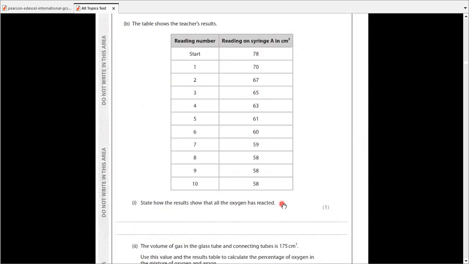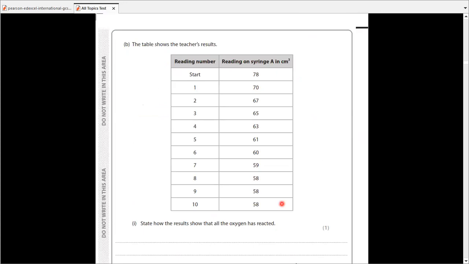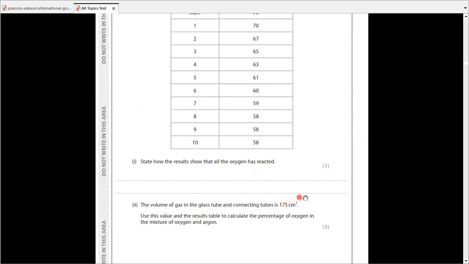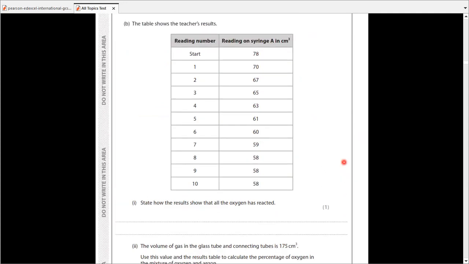Okay, let me try and work this out. Would there be 32%?